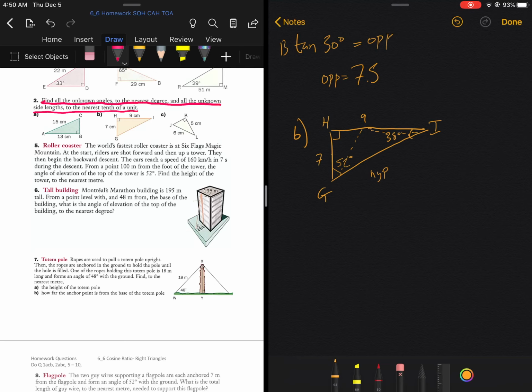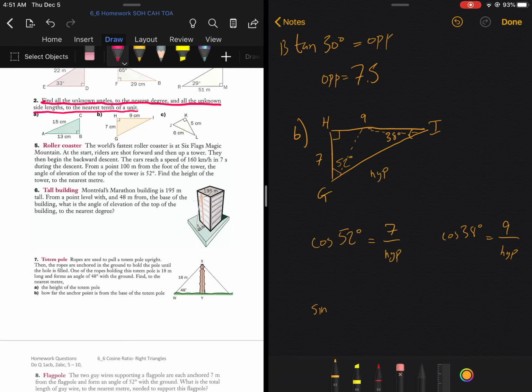The way to get it is cos of 52 degrees equals adjacent 7 over hypotenuse. Or I could have done cos of 38 degrees equals adjacent 9 over hypotenuse.